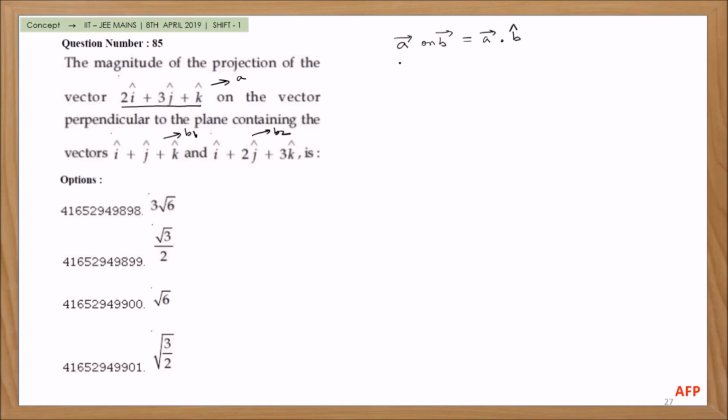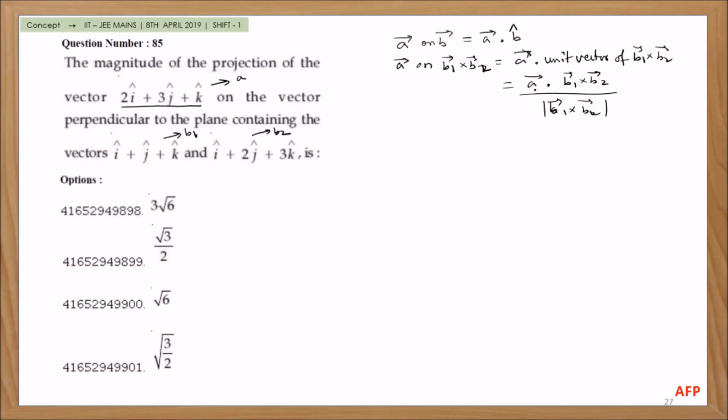The vector perpendicular to this plane is B1 cross B2, so how are we going to write it? A vector dot product unit vector of B1 cross B2. This is the idea we are having, which is nothing but A dot B1 cross B2 whole divided by magnitude of B1 cross B2. So that is the concept.